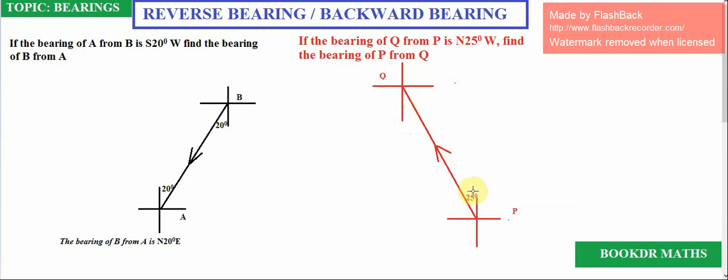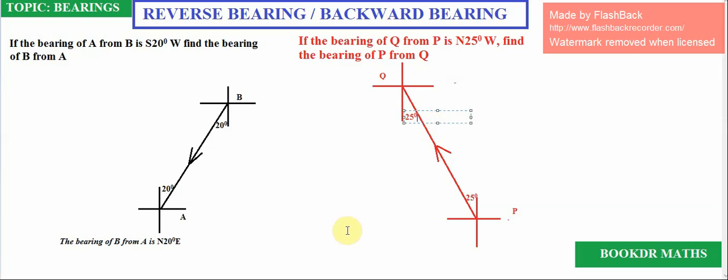You can see that this forms an alternate angle, because the line here and the line here are parallel. It makes this line a transversal. So this angle is alternate to this angle. The 25 degrees here can be projected here, so that portion can also be classified as 25 degrees.